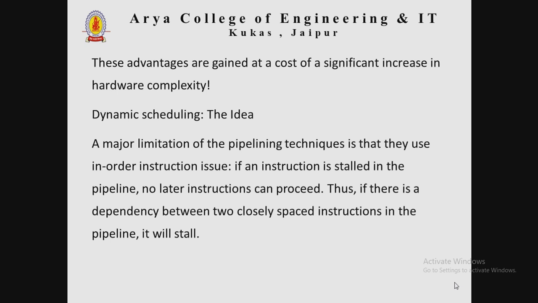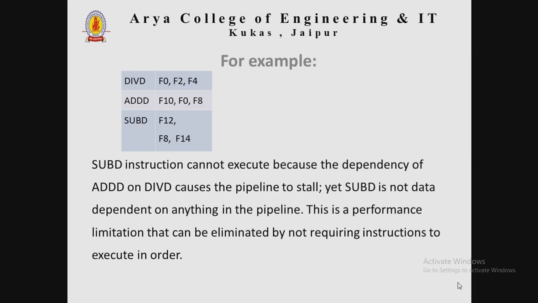In dynamic scheduling, a major limitation of the pipelining techniques is that they use in-order instruction issue. If an instruction is stalled in the pipeline, then no later instructions can proceed. Thus, if there is a dependency between two closely spaced instructions in the pipeline, it will still stall. For example, we have an example from the table in which three instructions are used: divide, addition, and subtraction.